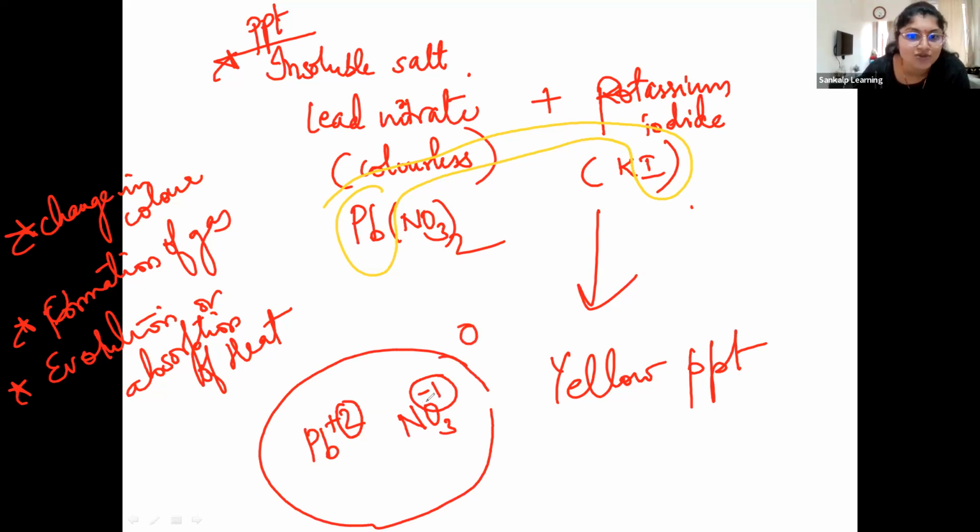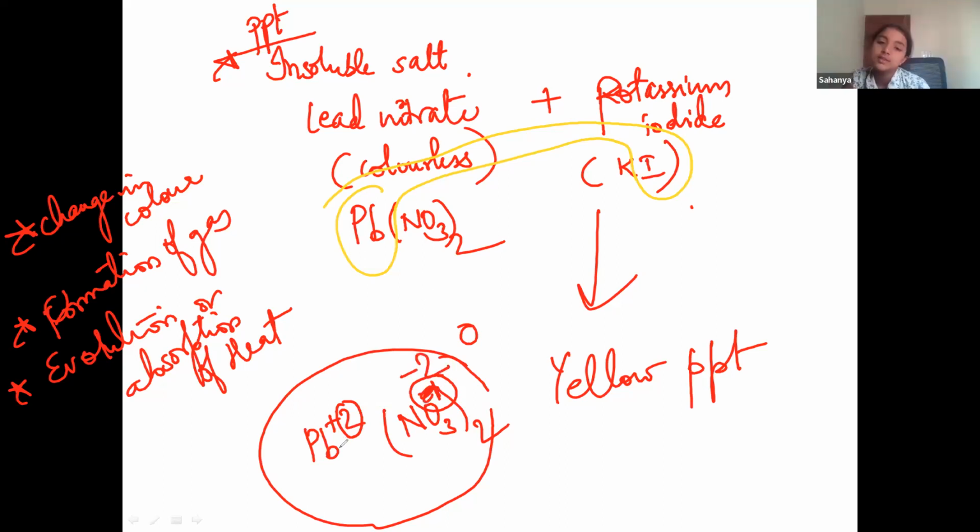Now this is +2, so this I should make -2. For a compound, it should have an overall charge of 0, so +2 and -2 get cancelled. To get this -2, I will take 2 atoms of nitrate. Each is -1, 2 atoms will be -2, so the overall charge will be 0.